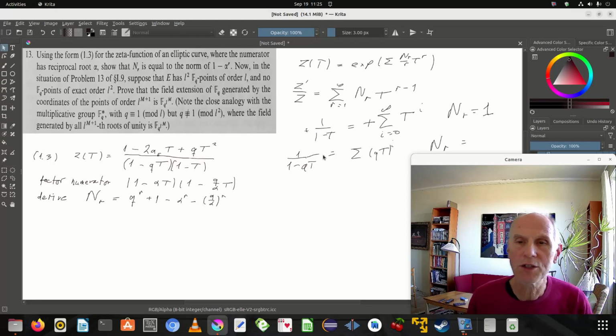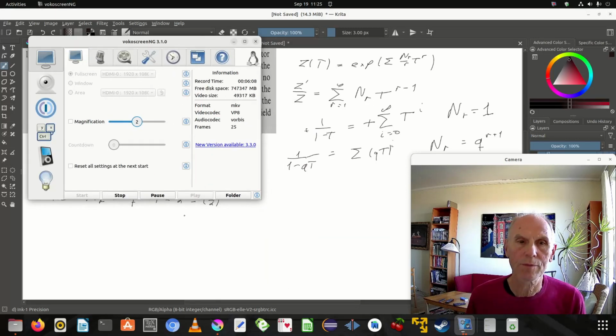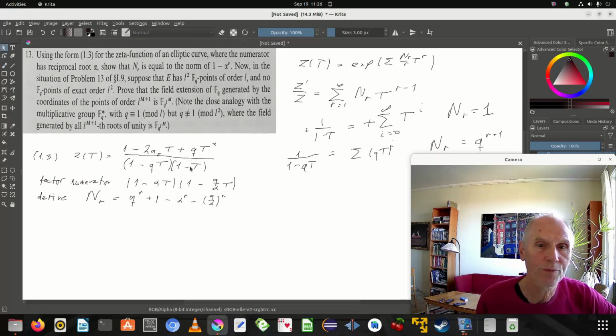So we'll need a break to check where that error is, because nr should of course be q to rth, and what I get here is q to r plus 1, I think. Well, that was easy. You can see very little time has elapsed, and that's when we take the derivative of 1 minus qt.